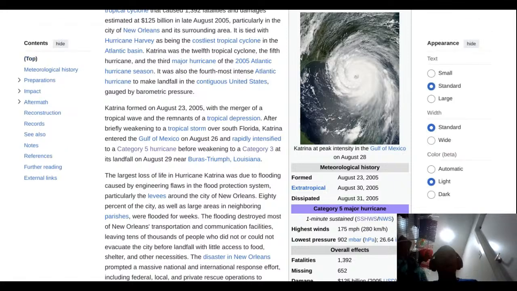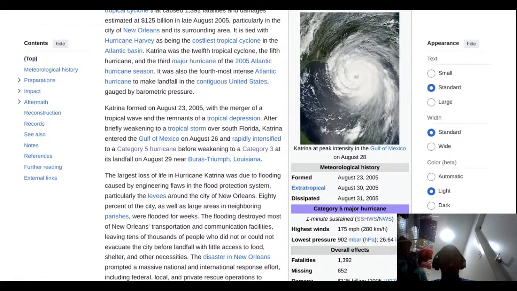that formed on August 23rd, 2005 and dissipated on August 31st, 2005. This hurricane caused a major outbreak for tornadoes across Mississippi, Missouri, Alabama, Illinois, Iowa, Davenport, and Louisiana.